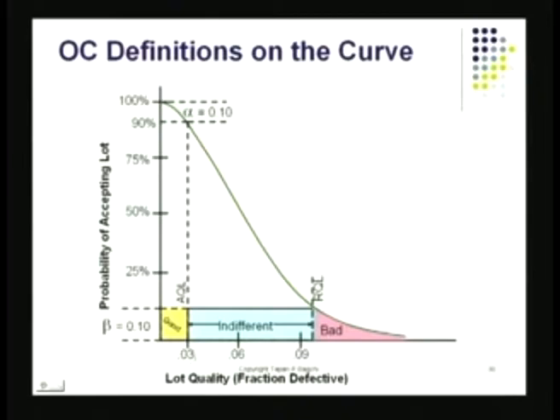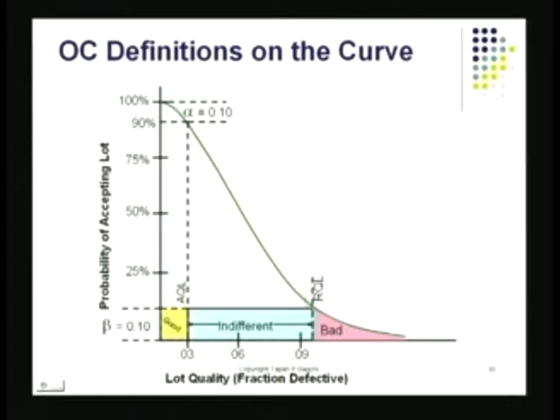The curve shows that this particular sampling plan will accept 90% of the lots which are submitted with your little p at the 3% level.